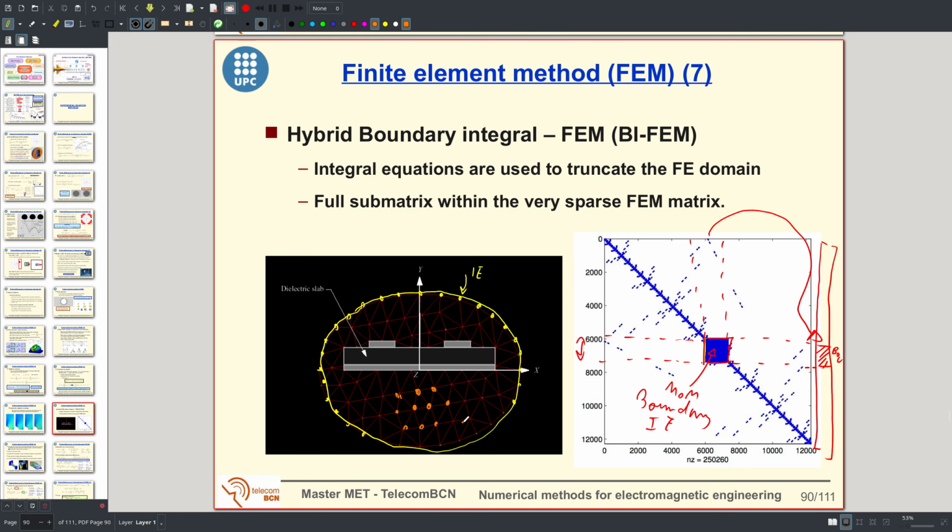So it is a hybrid: finite element discretization inside your inhomogeneous object, and integral equation or boundary discretization at the boundary. In the context of finite elements, this surface integral equation at the boundary is called the boundary element method, BEM, or boundary integral finite element method. Okay?